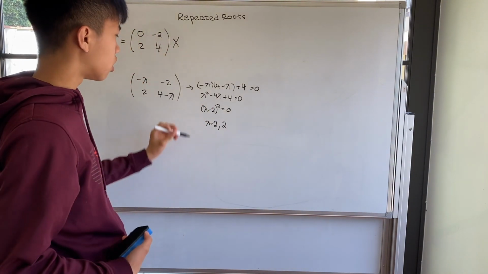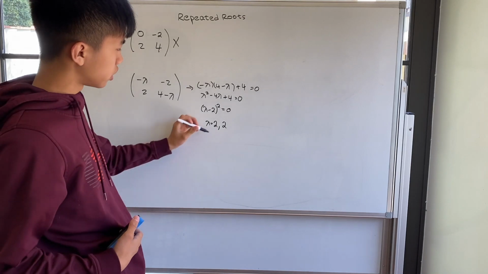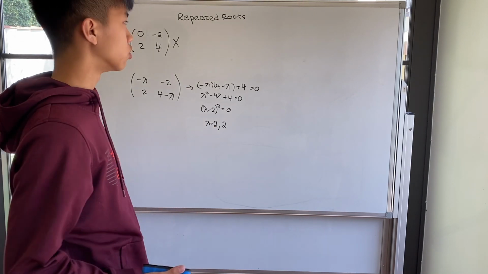As we can see, our eigenvalue is 2, but this solution has a multiplicity of 2.